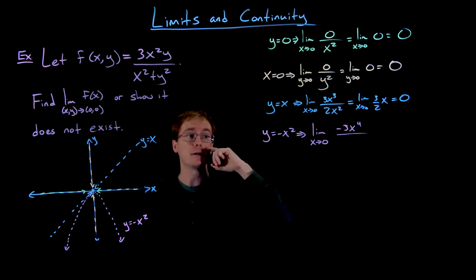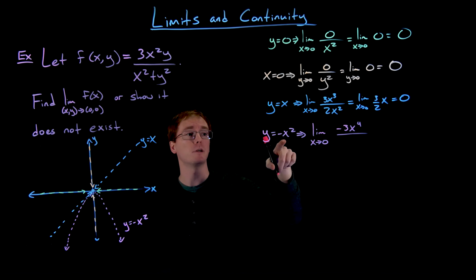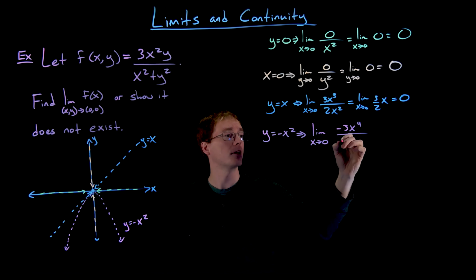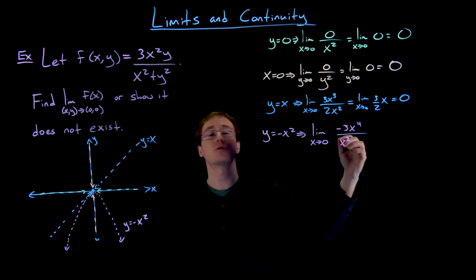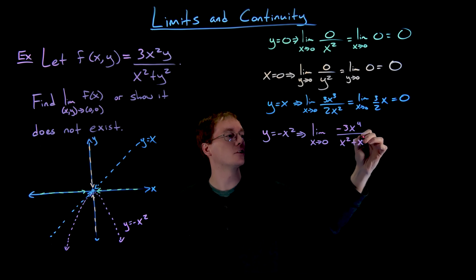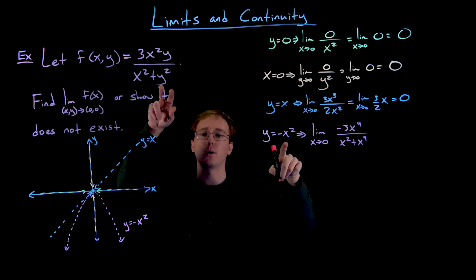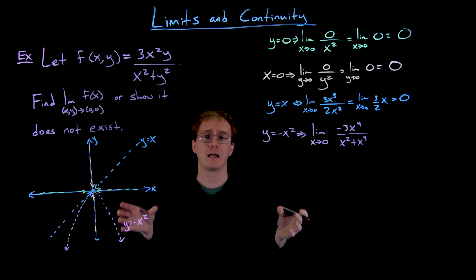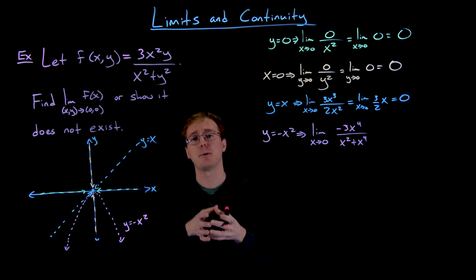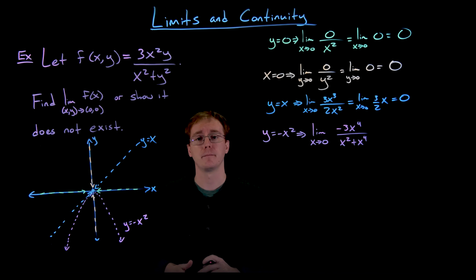And in our denominator, our y is going to be replaced with a negative x squared. So that'll make our denominator x squared plus x to the fourth, right? That y squared is going to be a negative x squared, and negative x squared times another negative x squared is going to give us positive x to the fourth.